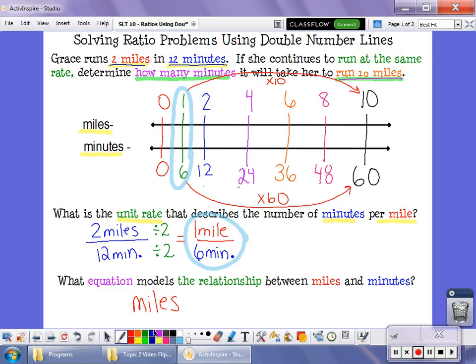So we're going to take Grace's miles, we will multiply that by 6, and that will give us our total number of minutes. And we can see that in our double number lines too. If I take her miles and I multiply it by 6, I get however many minutes. So 8 times 6 is 48. So we can see that rule there as well.